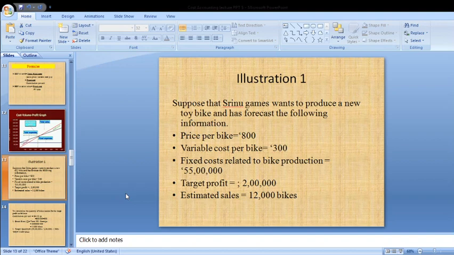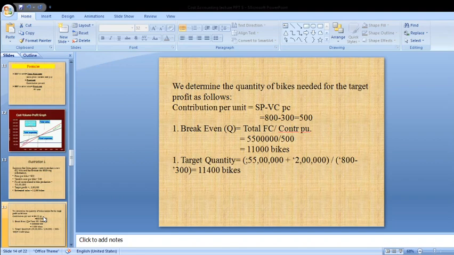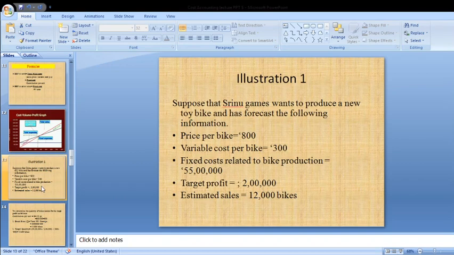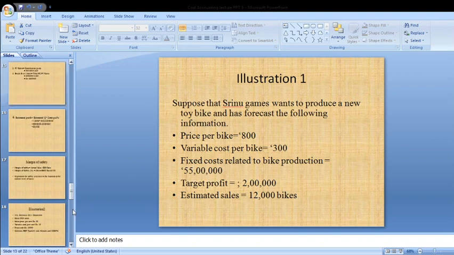The estimated sales given is 12,000 bikes, at which level we had earned a profit of 5 lakhs. Now based on this, there is a concept called margin of safety.